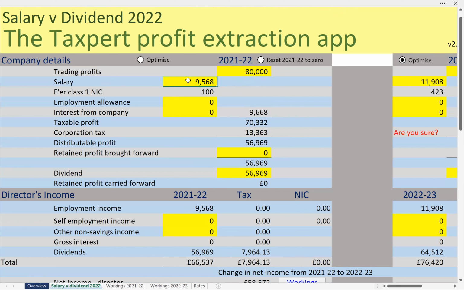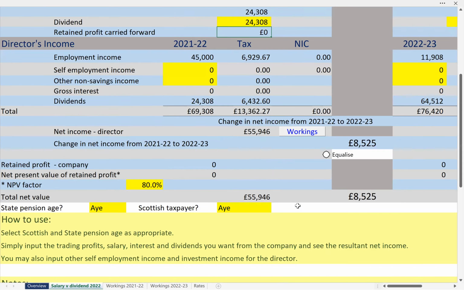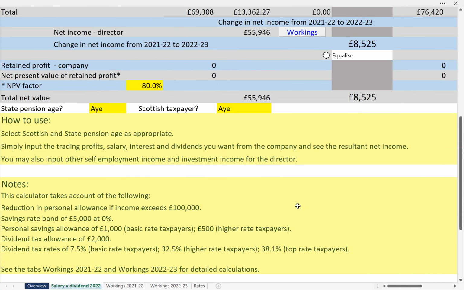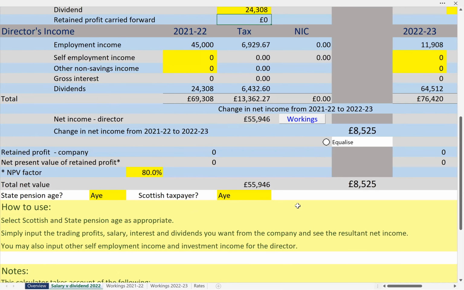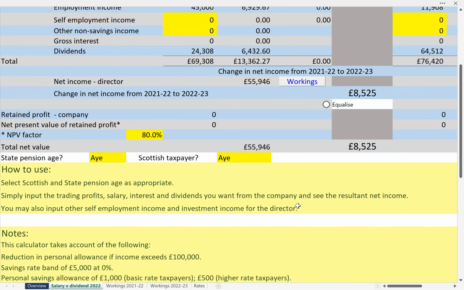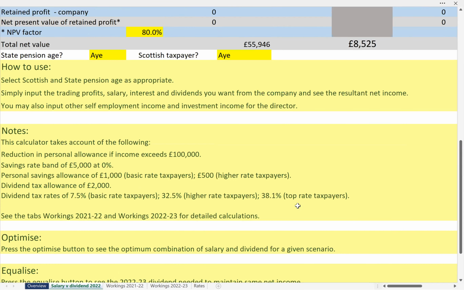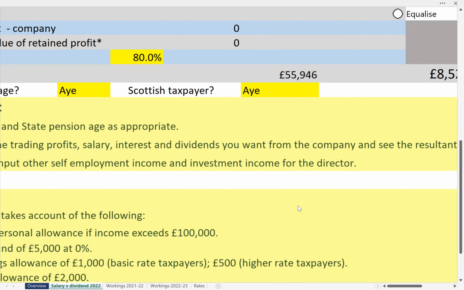But if I were to increase the salary, and let's suppose for some reason, possibly mortgages, that salary goes to 45,000, then the dividend here could only be 24,308. So I'm looking at the 21-22 calculation. Now, on that analysis, if you're a Scottish pensioner, let's look at the net value there, that's really what I want to focus on.